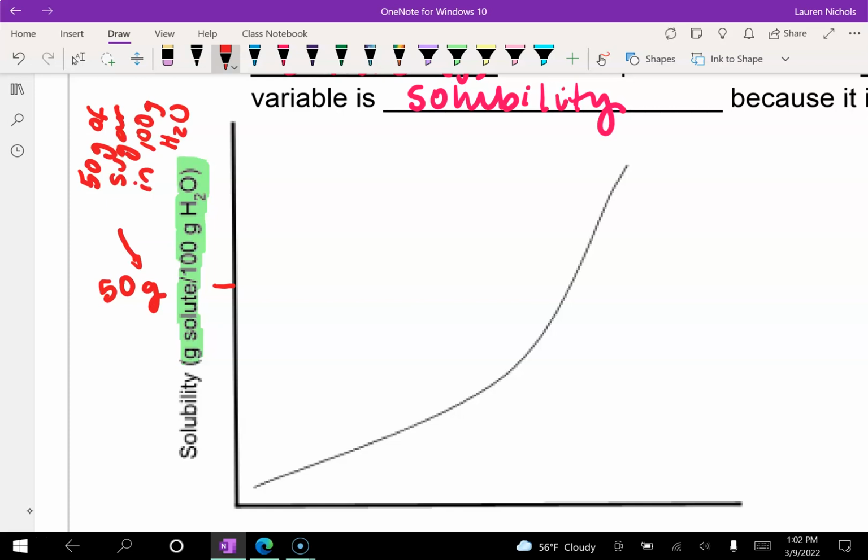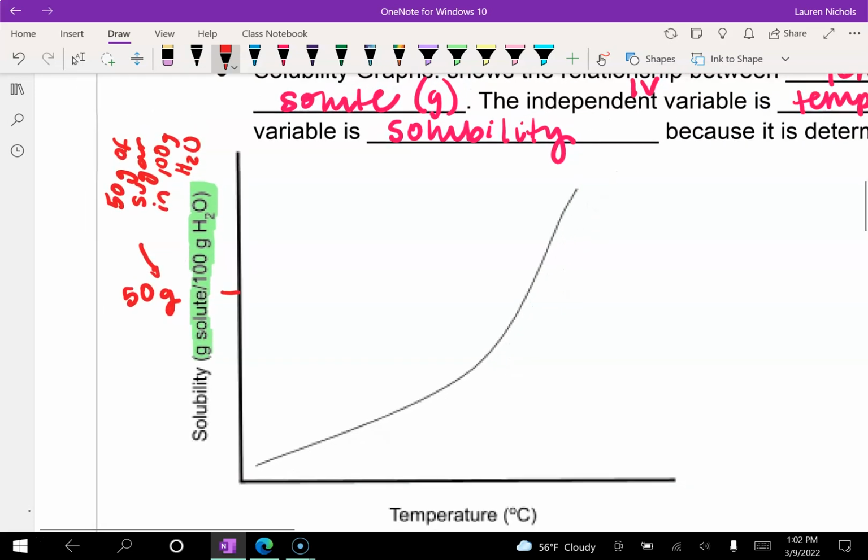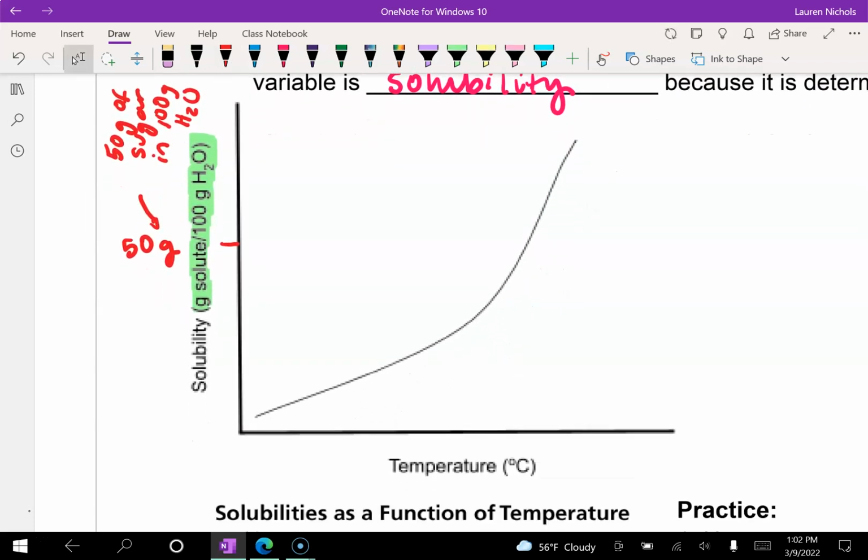So all they're telling you is how much water they were trying to dissolve it in. Okay, and so what we can see is, let's just roll with the sugar example. This line represents the solubility of sugar at different temperatures. I'm 100% making up these numbers, so don't quote me on them.